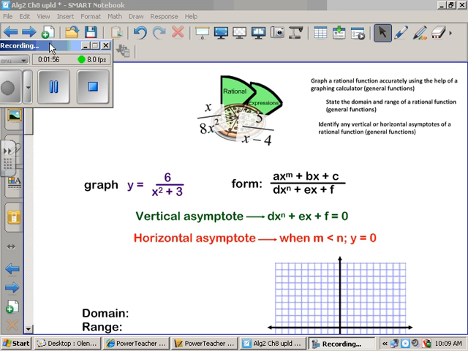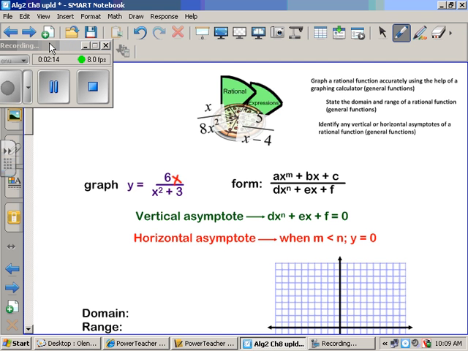If the power in the top is lower than the power in the denominator, then our asymptote is 0. So for this one, this is 6x to the what? If it's not there, it's 0, so this is technically 6x to the 0.